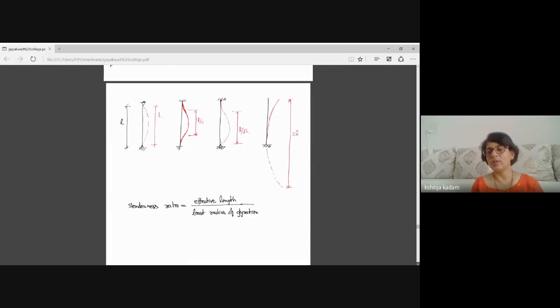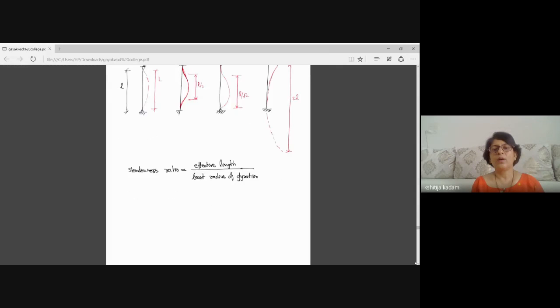Now whether the column is long or short, how it will fail depends upon one quantity which is called the slenderness ratio, and it is nothing but the effective length of the column divided by the least radius of gyration. And the term radius of gyration is already known to you.